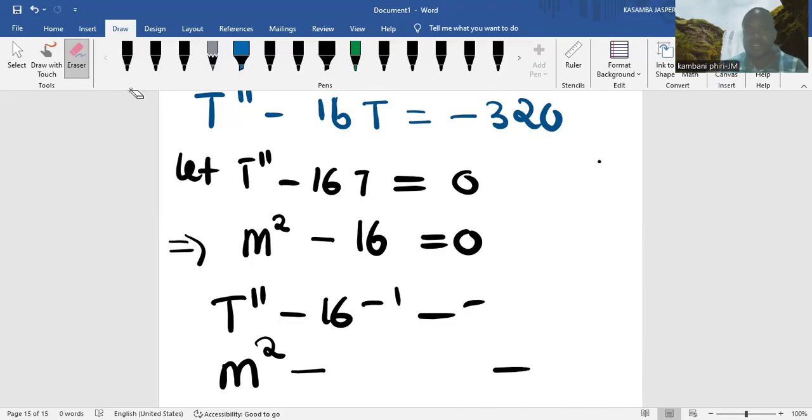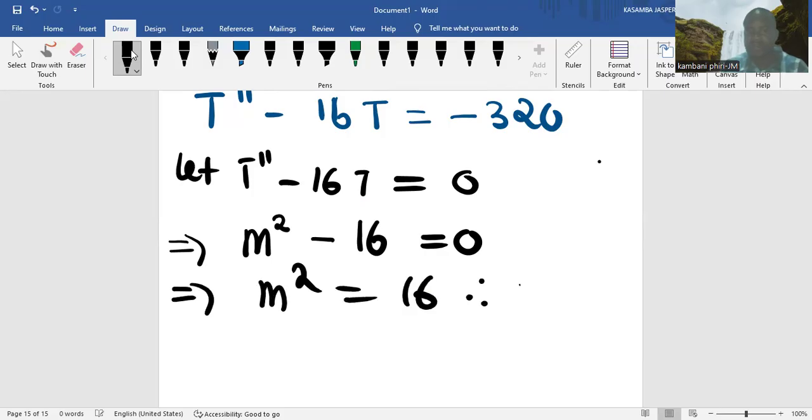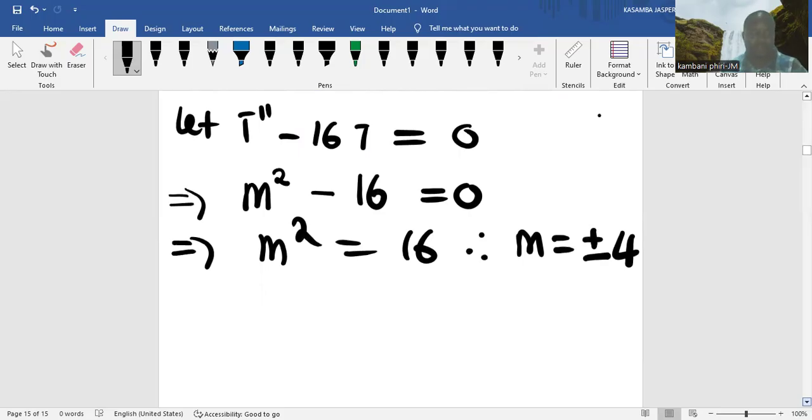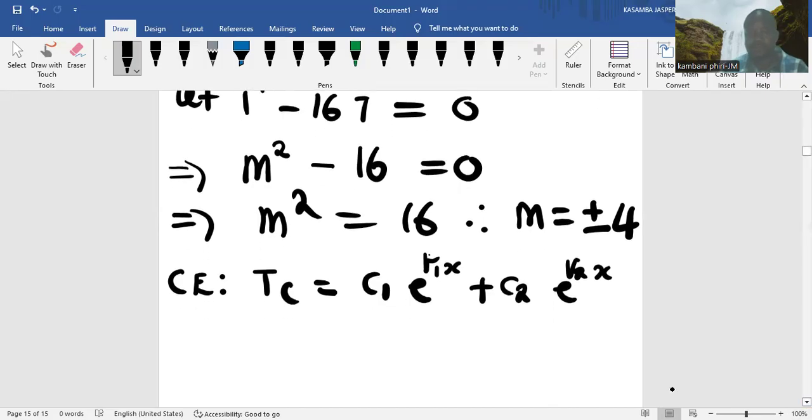Now let's get back to what we have here. We have m squared minus 16, so when we solve, we have m squared is equal to 16. Therefore, m is plus or minus 4. You can see that these two roots are different. Therefore, the complementary solution TC is equal to C1 e^(r1 x) plus C2 e^(r2 x).